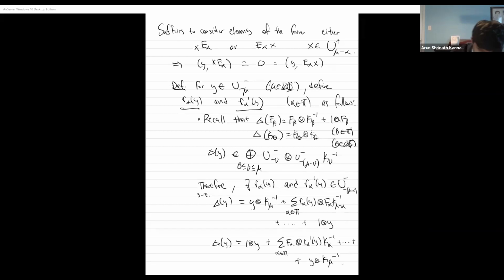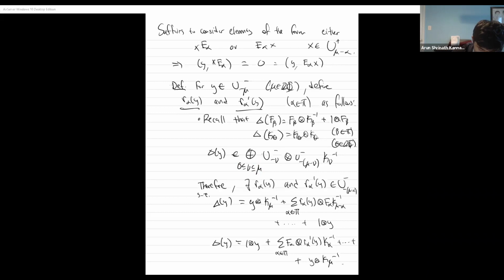All I'm doing here is that we have this expression for delta of y. Nu will be equal to 0, or it'll be equal to a simple root, and then you move up the lattice, and eventually you come back to mu. So nu can equal mu, or it can be mu minus a simple root.